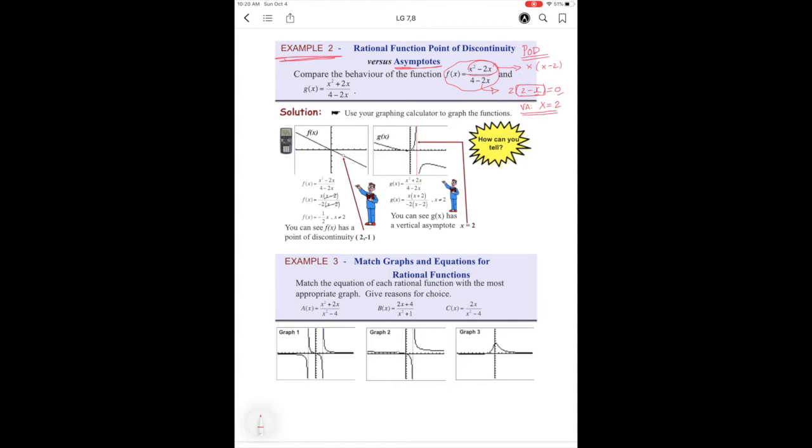All right. So when we look at this, people say, well, is that a point of discontinuity? Well, it's hard to compare, because if I write this out, I got x minus 2 on top. And on the bottom, I have 2 and 2 minus x.